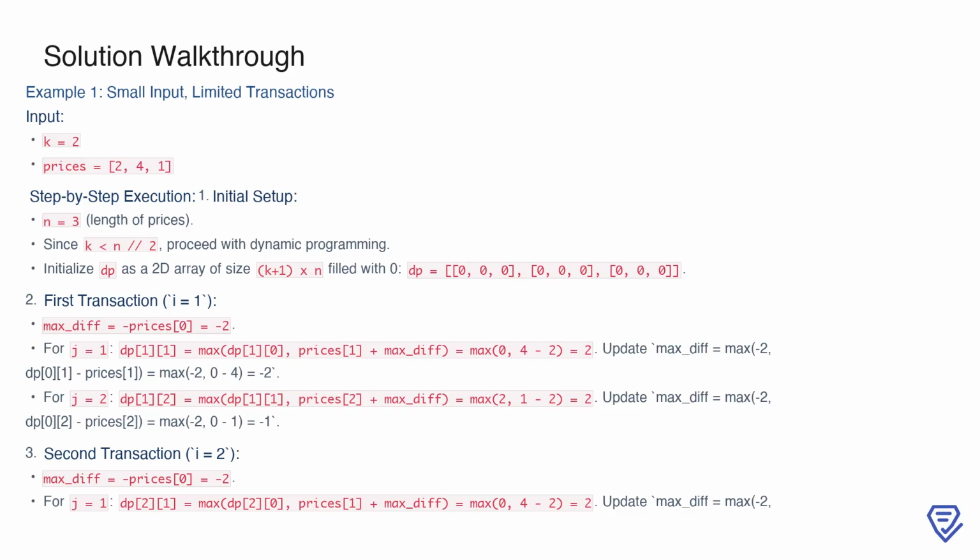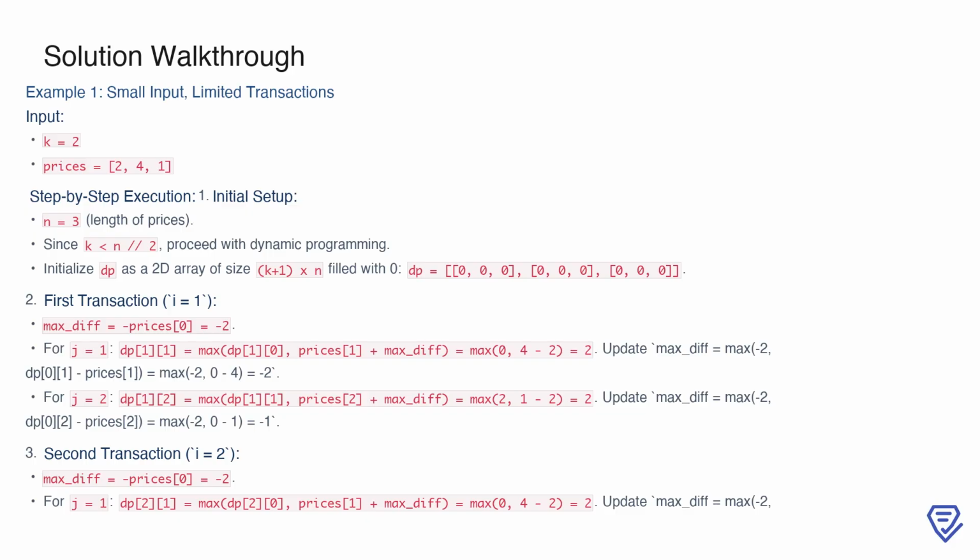For the first transaction, where i equals 1, we calculate a helper variable max_diff, which starts as the negative of the first price, or -2 in this case. This max_diff helps us efficiently compute the maximum profit by keeping track of the best price difference so far. For j equals 1, we update dp[1][1] to the maximum of dp[1][0] and the current price plus max_diff.